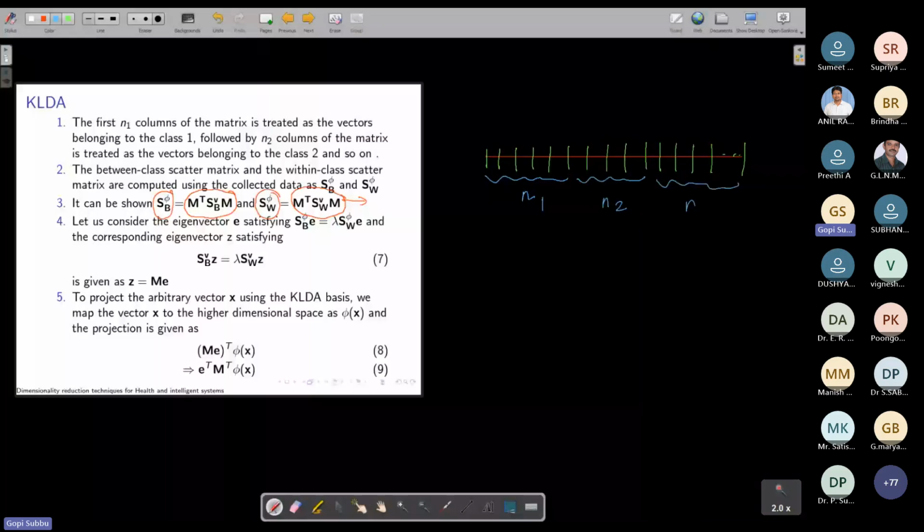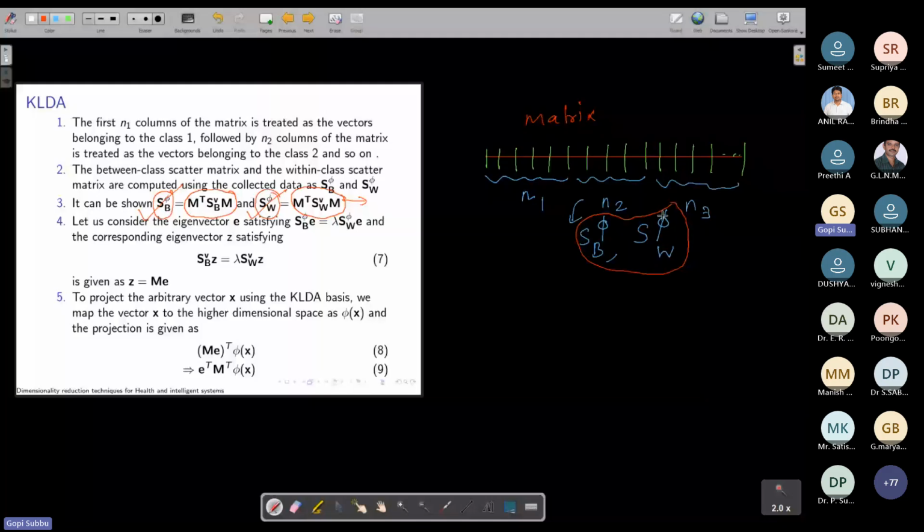Using these vectors, you find the between class and within class scatter matrices, which I call SB-phi and SW-phi. You can manually calculate them using that matrix, just like we did SB and SW for LDA.